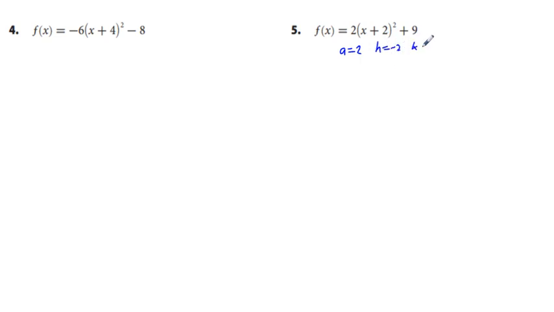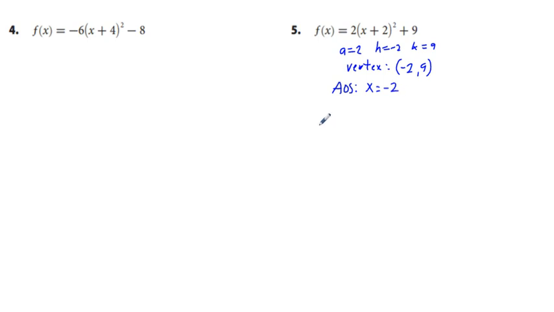K is equal to 9. So our vertex for this quadratic function is going to be the coordinate pair negative 2 comma 9. So that means our axis of symmetry is going to be the line x equals negative 2.